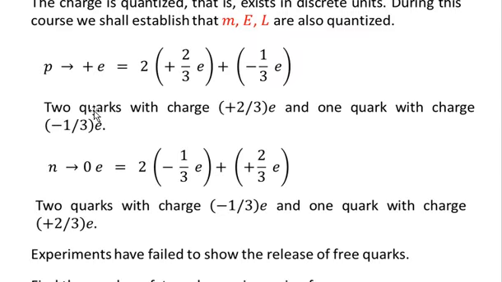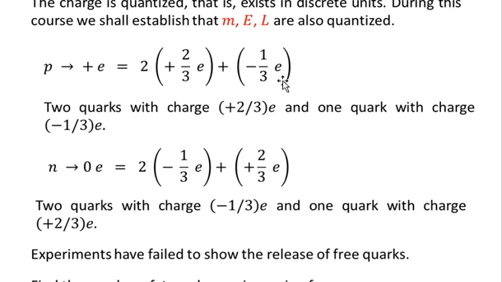So the proton can be considered to consist of 2 quarks with the charge 2 over 3e, plus 1 quark with the charge minus 1 over 3e.